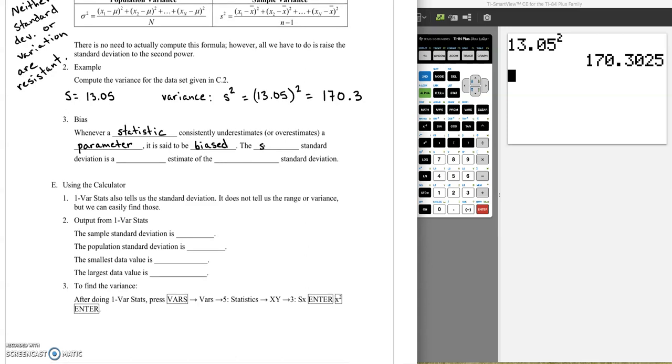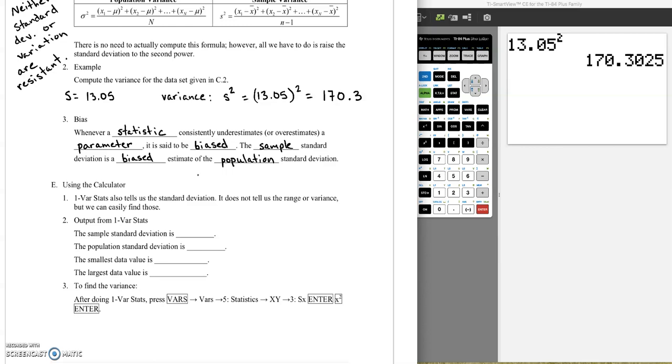So the sample standard deviation is a biased estimate of the population standard deviation. It never gets it quite right, in other words. Okay.